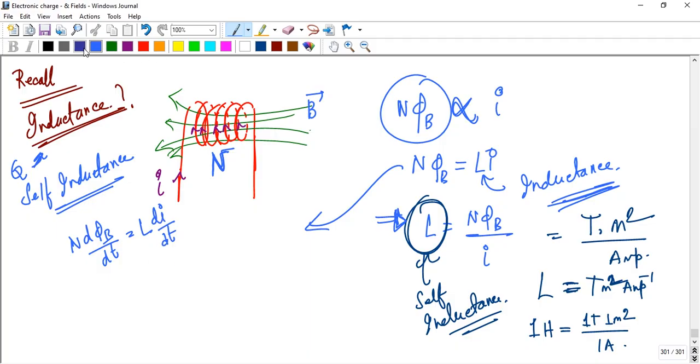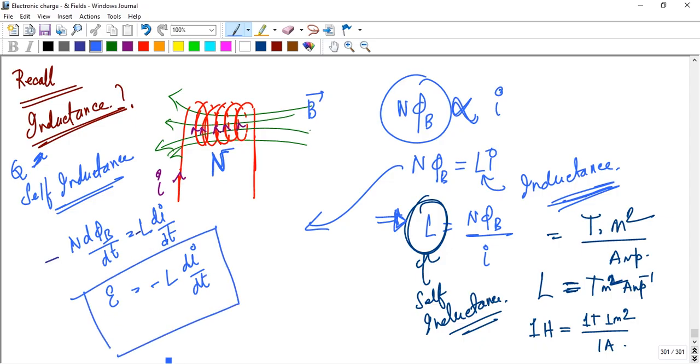Now put a minus on both sides. So N d phi B by dt, from Faraday's law, equals EMF, and that is minus L dI by dt. That's the EMF. Okay, this is called self-induced EMF.